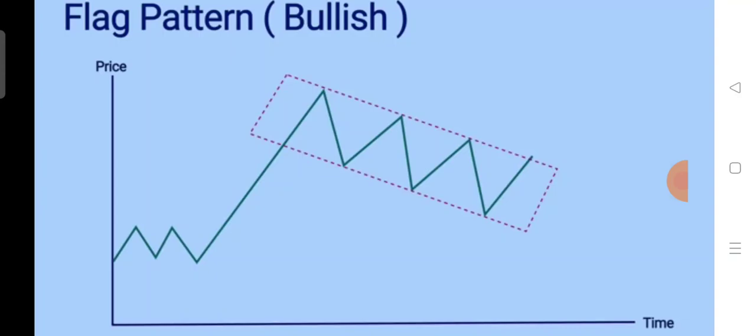Then after a certain point of time, when the upper boundary of the parallelogram is breached, the target of the trade is, first thing, in the flag, first there was an up move, and the sudden up move that was there is the pole of the flag, and this downward sloping parallelogram is the flag.